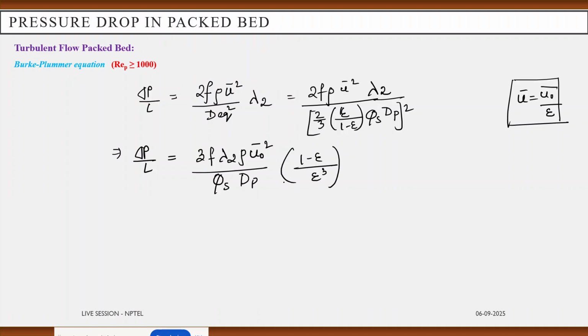In this equation also, this lambda 2 is the correction factor.